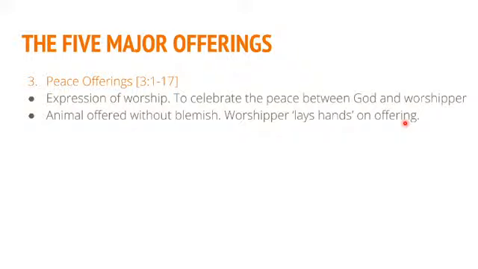The animal types that they could have offered were from the herd, bulls, and from the flock, sheep or goats. That is what they could have offered in these peace offerings. So God is basically telling them what they could have given. In other words, you could not make up your own type of peace offering. You had to give what God had said.